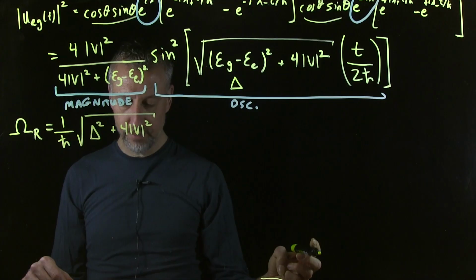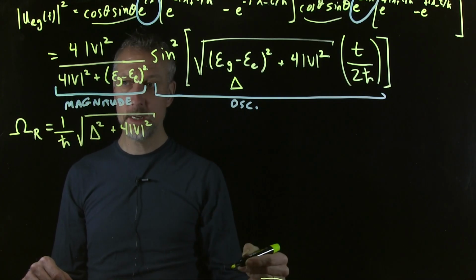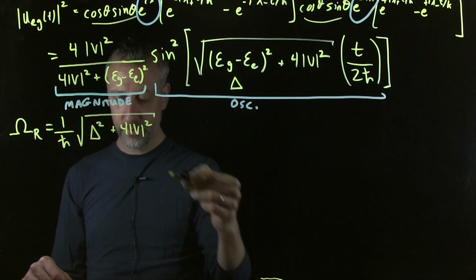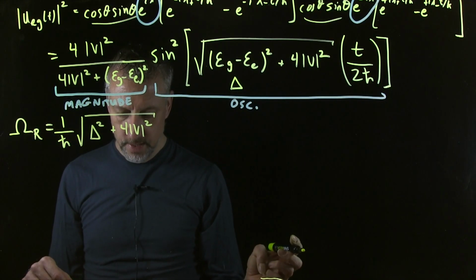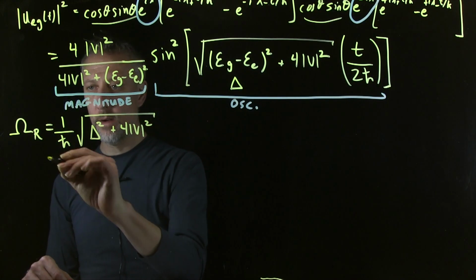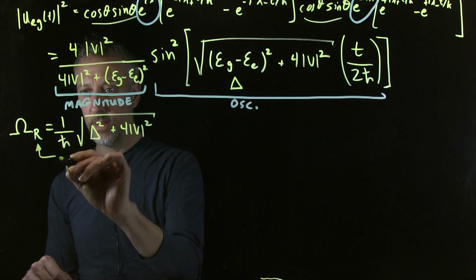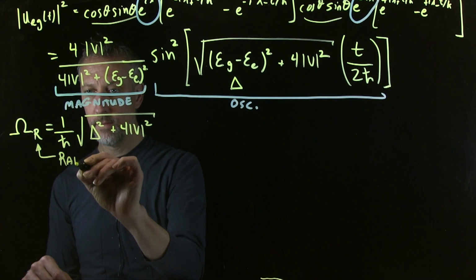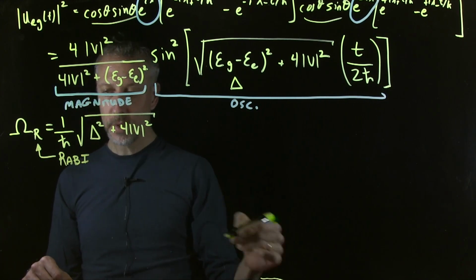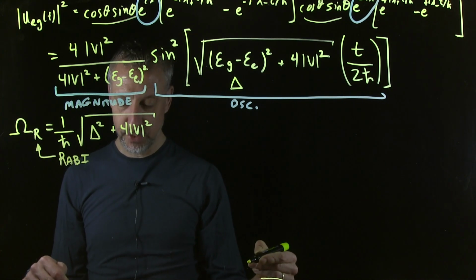Okay, so then you can just replace all the sine squared business with this omega r. And the reason why this is called omega r is because the first person to explain all of this was someone named Rabi. And this is called a Rabi oscillation.